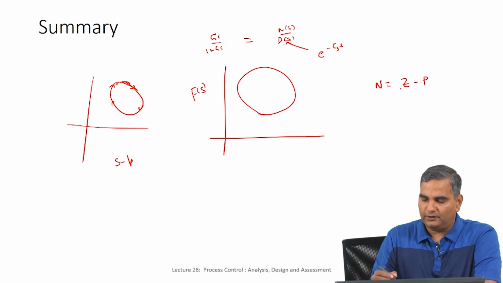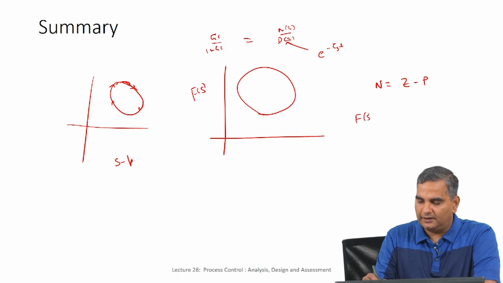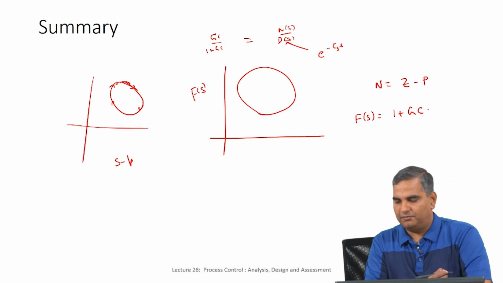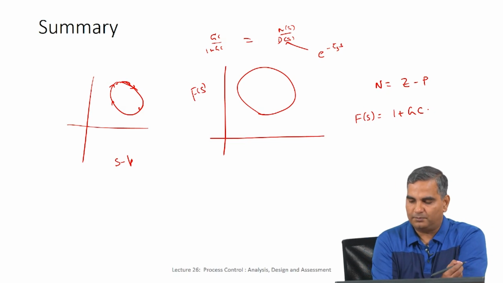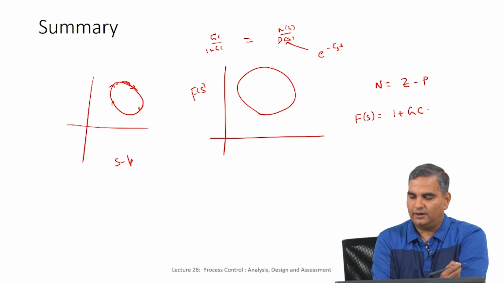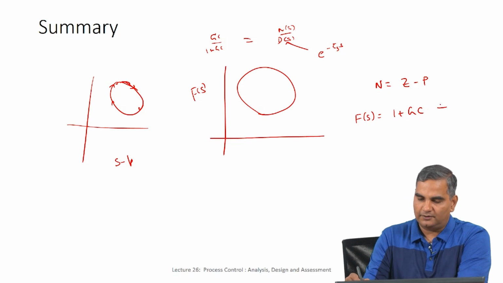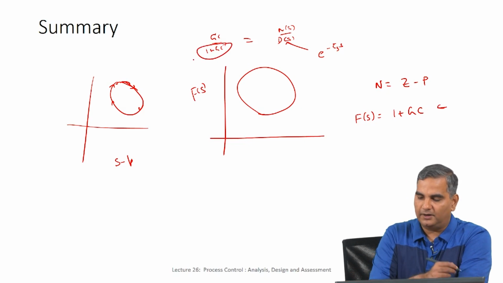Then we went to the next idea, which is to say make this f of S 1 plus GC, and we know the number of poles of GC and number of poles of 1 plus GC are the same. So, we are looking at only the zeros of 1 plus GC because it comes in the denominator.